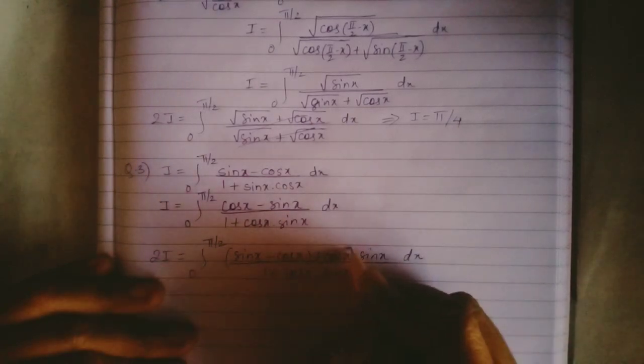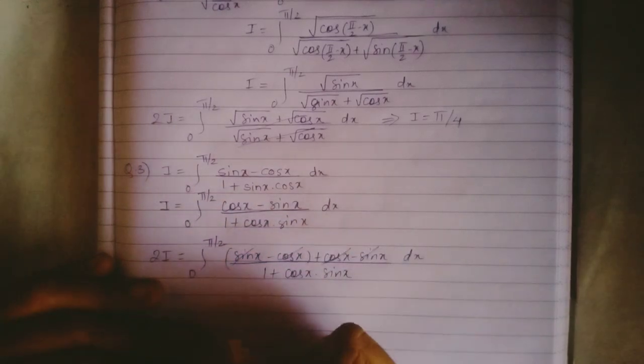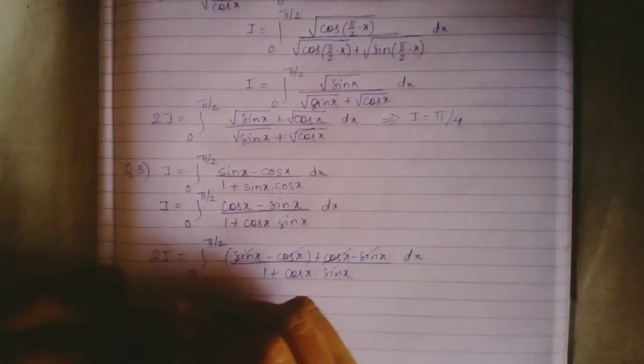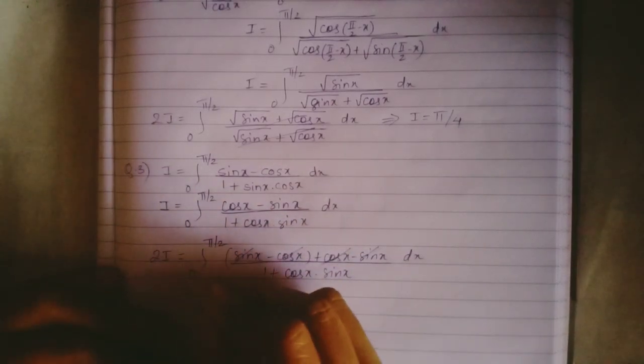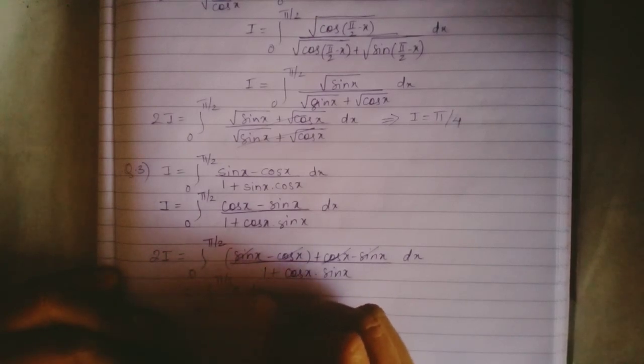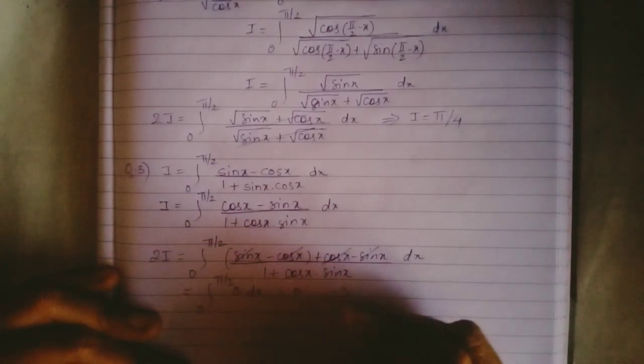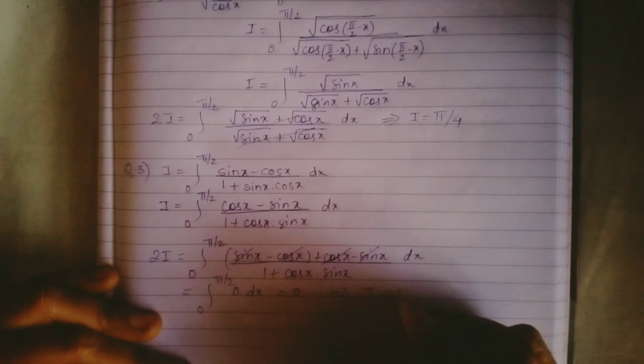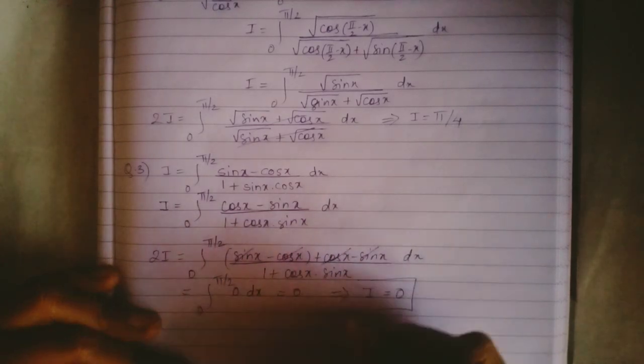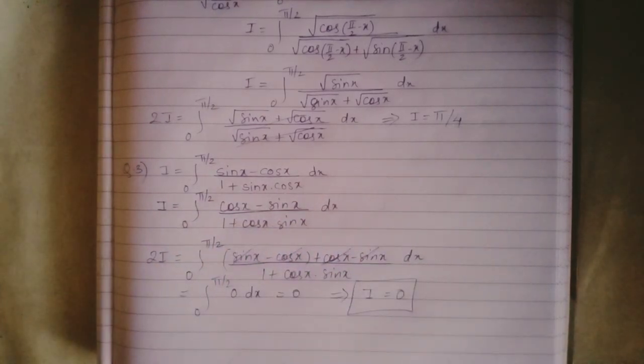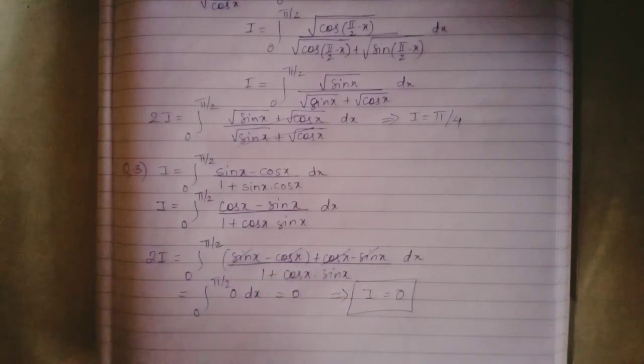Now here all the terms get cancelled, so you will get 0. So you have to find the integral of 0, which is 0. So your answer is 0. This type of question can be asked for fill in the blanks also, because it is very short. So, a 1 mark question.